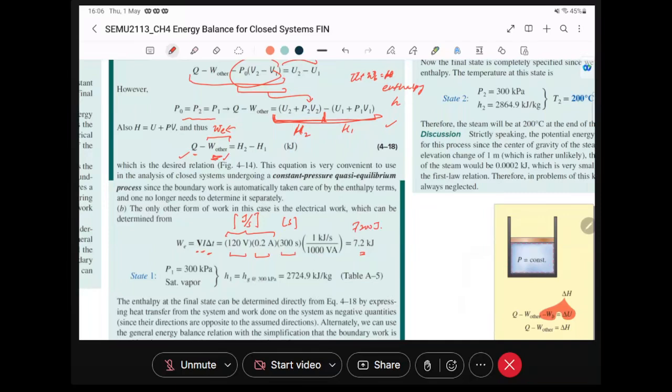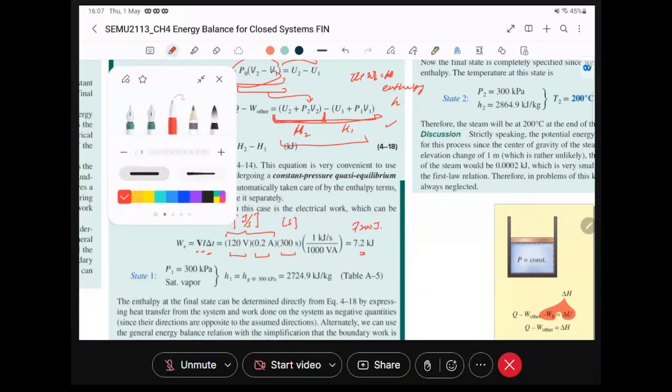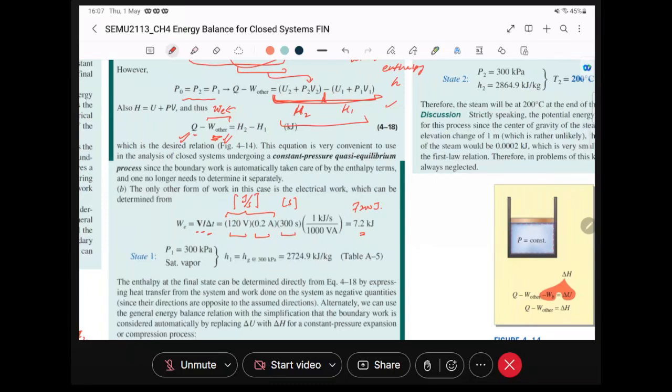So now that we know this, we have to find the state of the steam in order for us to know the temperature. First of all, we can approach that by finding the enthalpy at the first state.